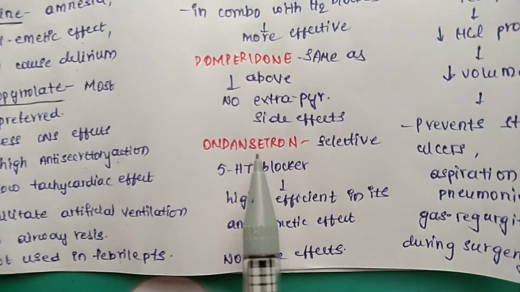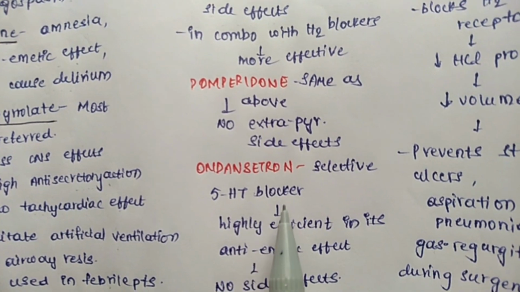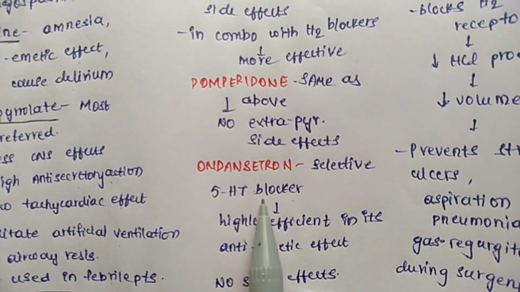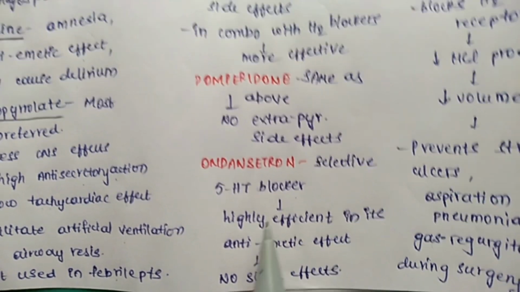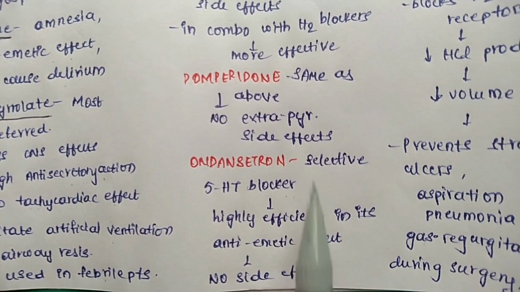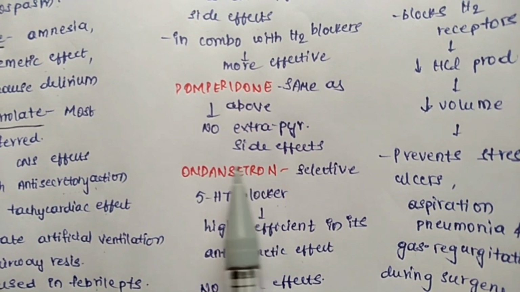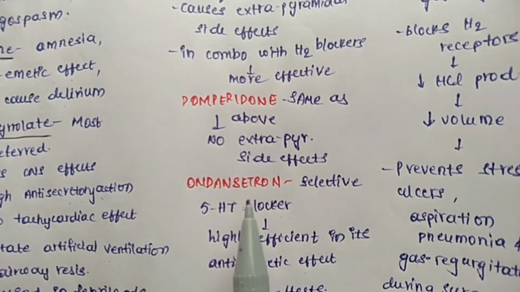The third drug is ondansetron. It is a selective 5-hydroxytryptamine receptor blocker or the serotonin receptor blocker. It is highly efficient in its antiemetic effect and it has no side effects. So this is the most preferred antiemetic drug that is used pre-anesthetically nowadays.